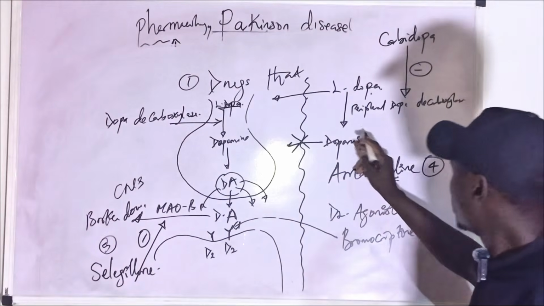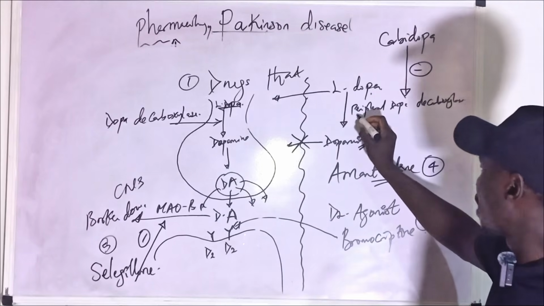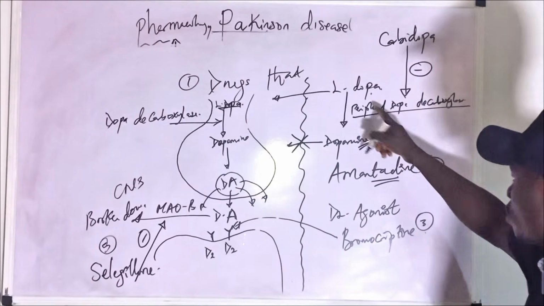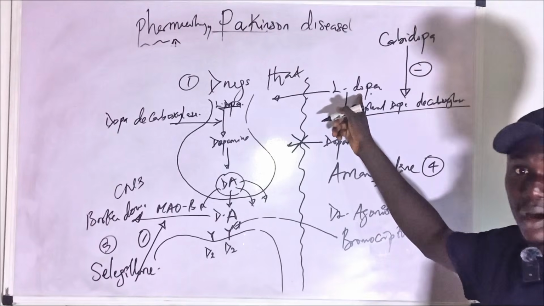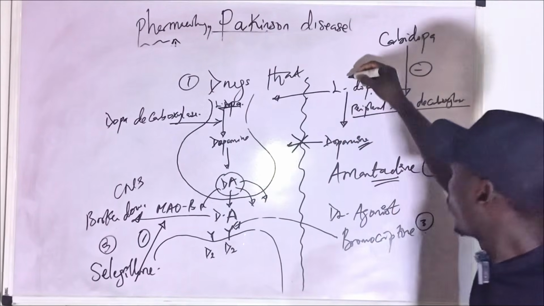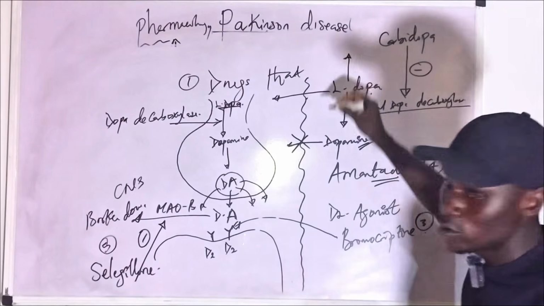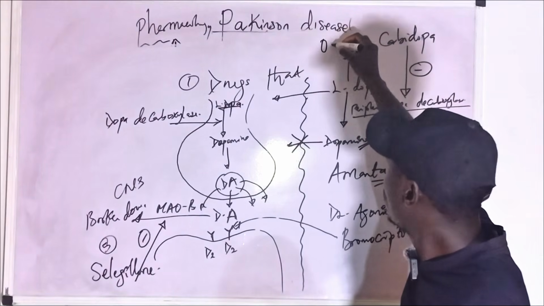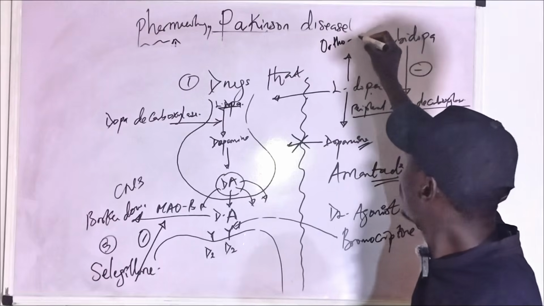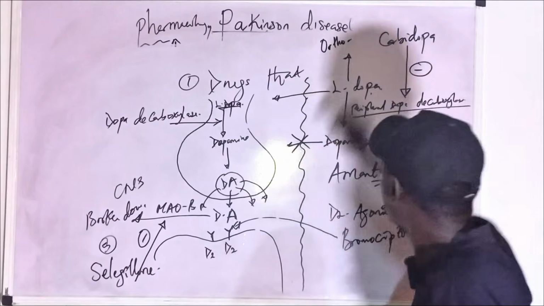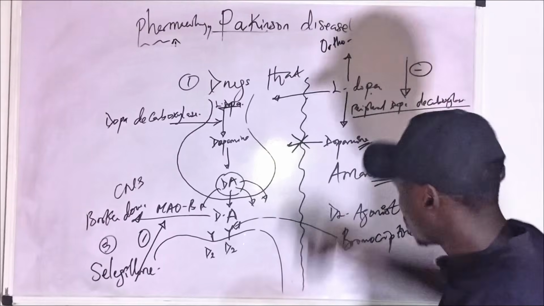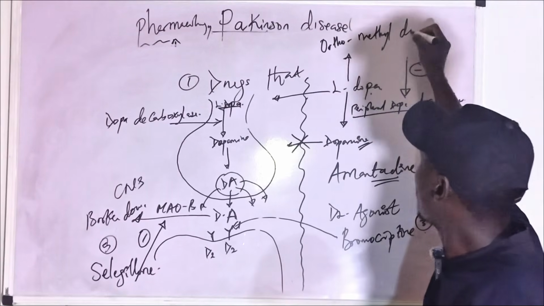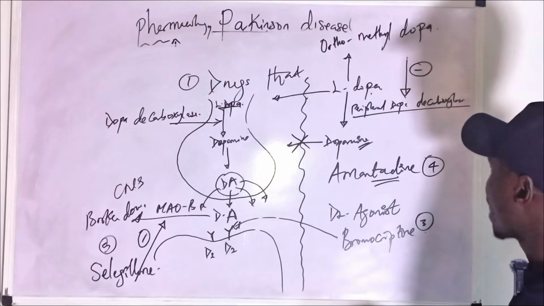Now, in this place, we said we gave carbidopa to inhibit this enzyme, peripheral dopa decarboxylase. But there's also another enzyme that can act on L-dopa. Are you getting it now? When that enzyme acts on L-dopa, it is going to methylate L-dopa and form what we call O-methyl-dopa.